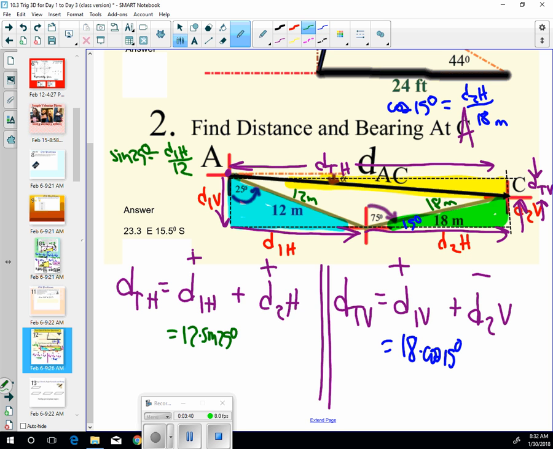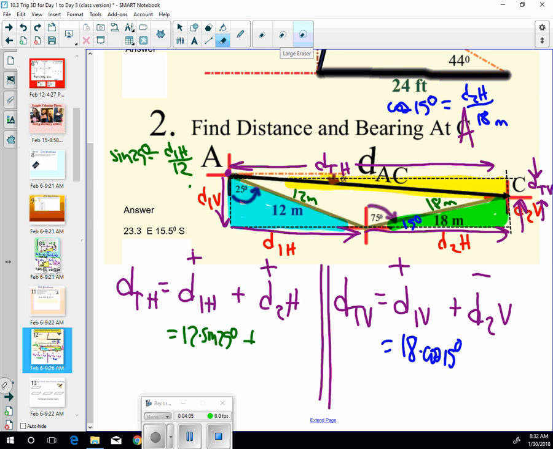We're going to do the vertical, which is going to be the cosine of 25, is d1 vertical over 12. So this will be plus, wait a minute. That's the horizontal part, isn't it?